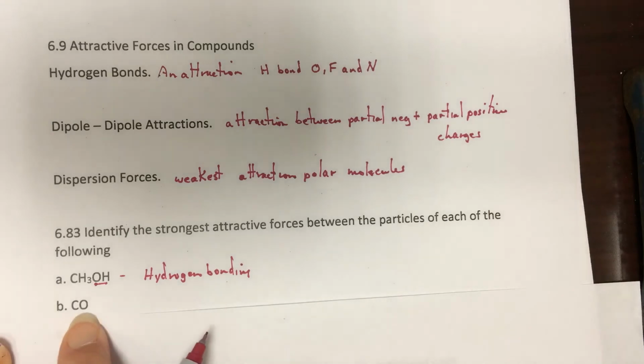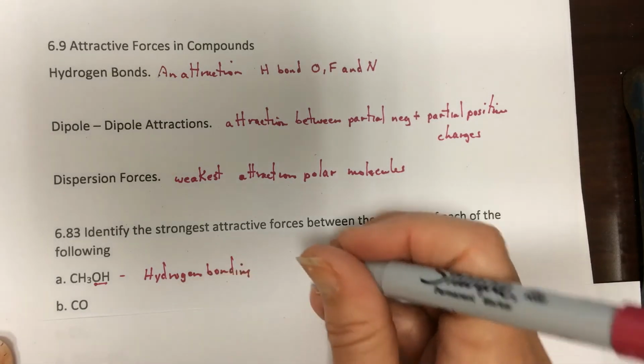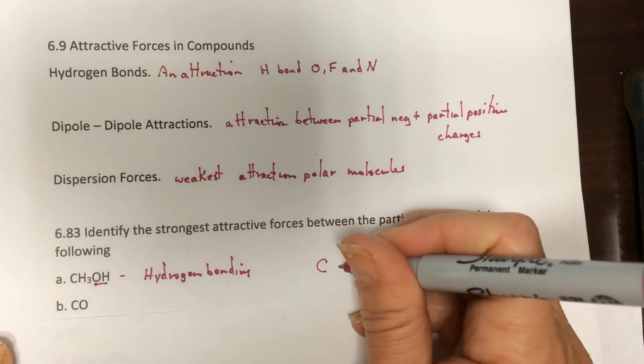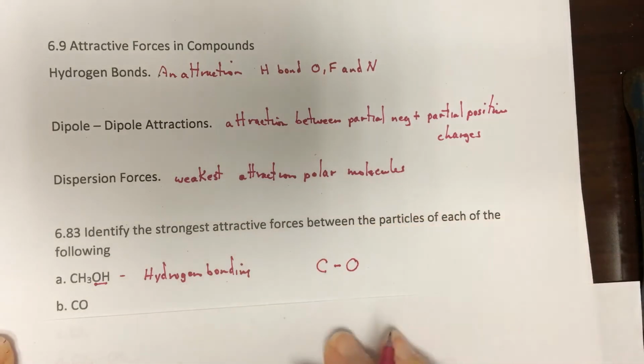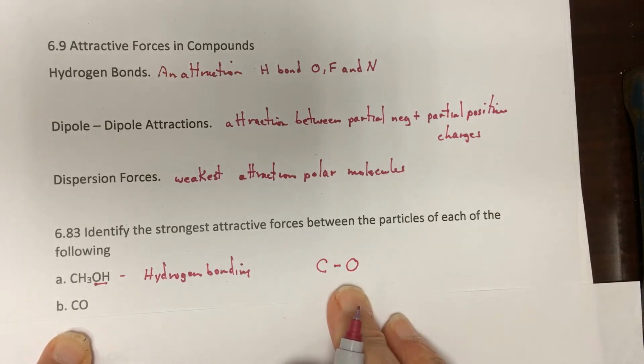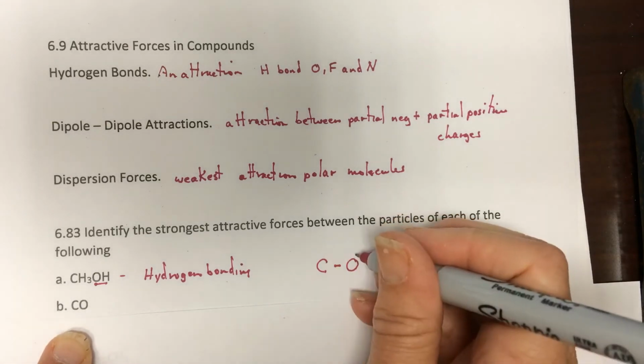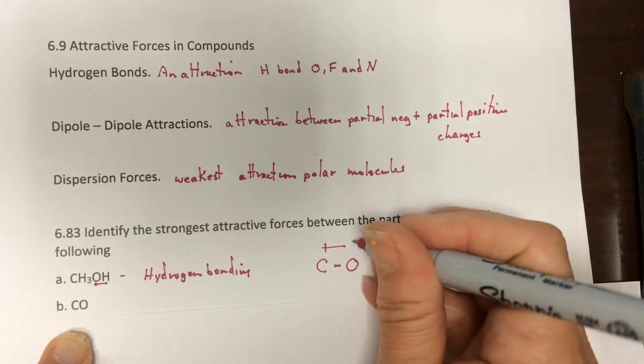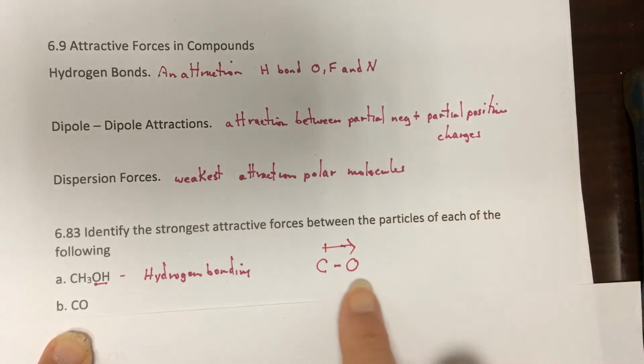Okay, here's carbon monoxide. Carbon monoxide is a carbon bound to oxygen. This is going to be a polar bond. The dipole is going to be, carbon is going to be partially positive and oxygen will be partially negative. So we have a dipole.